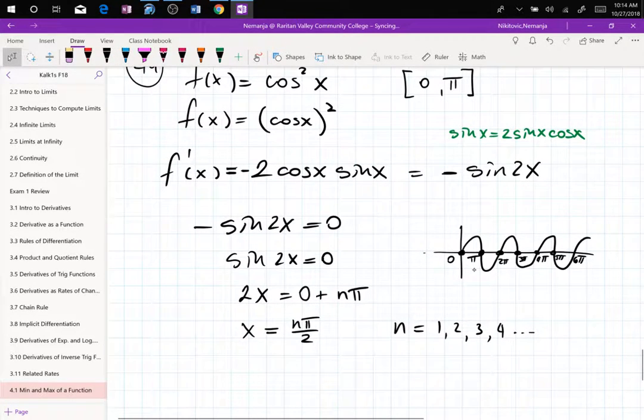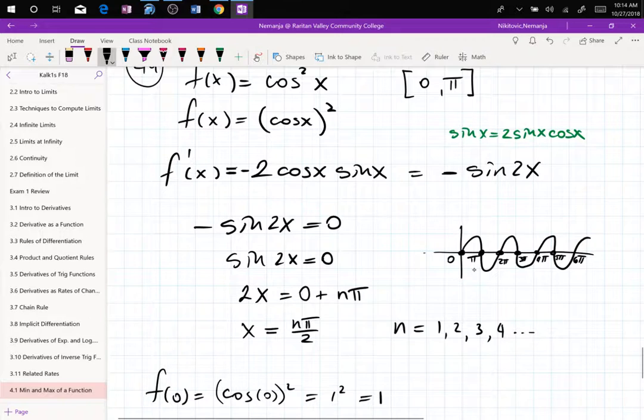Now, because we are on 0 to pi, we will calculate the endpoints. So we have f of 0. F of 0 is going to be cosine of 0, everything squared. Cosine of 0 is 1, 1 squared is 1.